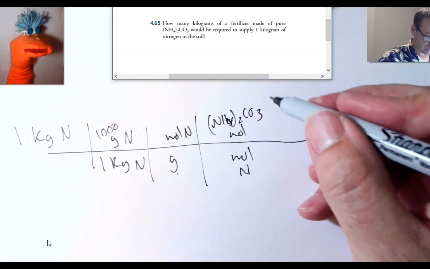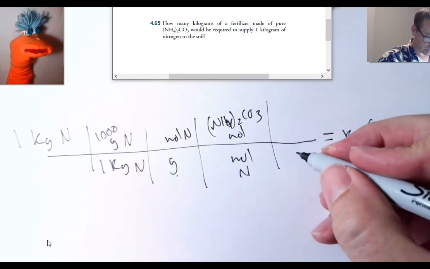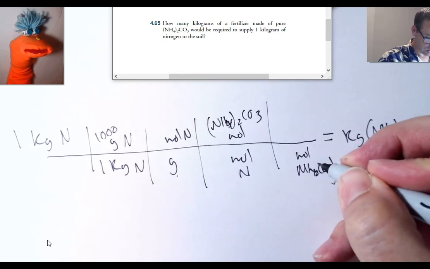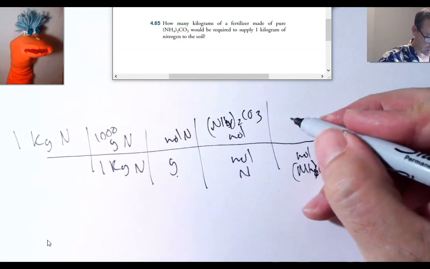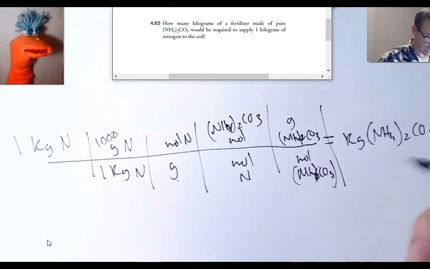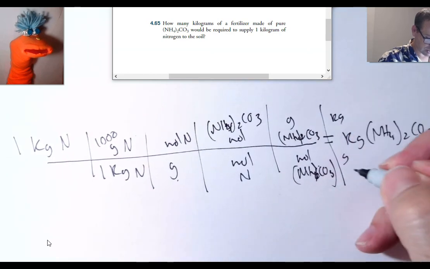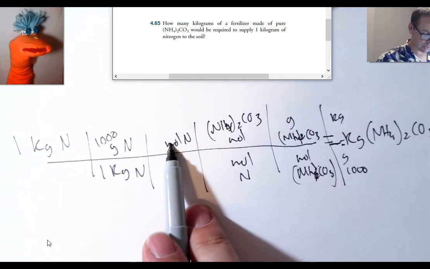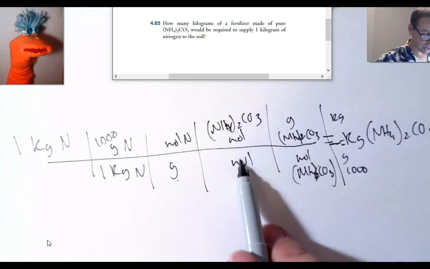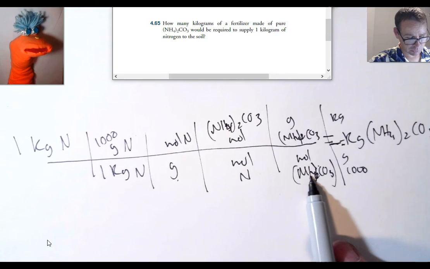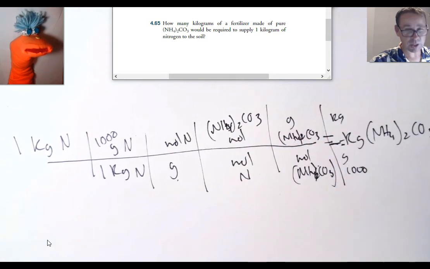And then I can go from moles of ammonium carbonate to grams of (NH4)2CO3. And then I can go from grams to kilograms. That's my 1,000 grams for every kilogram. All right, so I went to moles of nitrogen because I could get moles of nitrogen to moles of ammonium carbonate, right? And I went from moles of ammonium carbonate so I can get to eventually kilograms of ammonium carbonate.